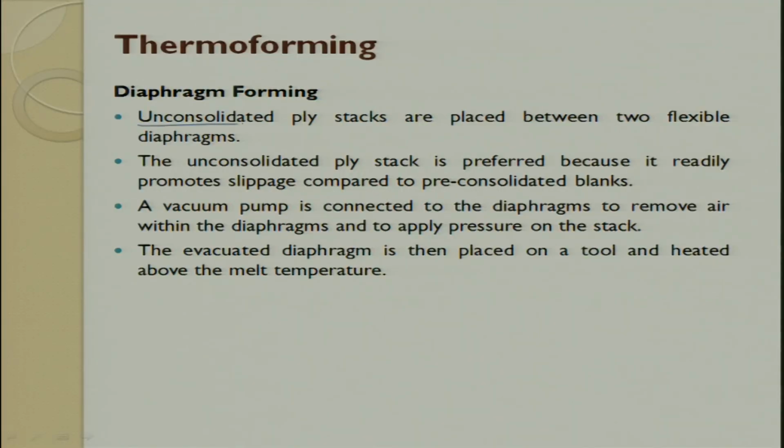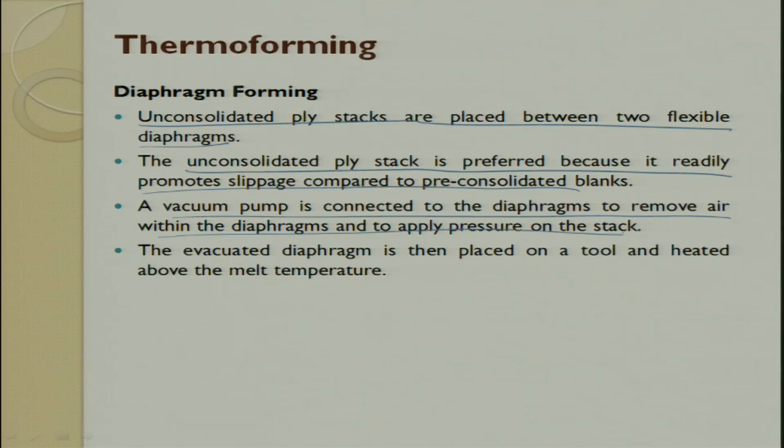Unconsolidated ply stacks are placed between two flexible diaphragms. The unconsolidated ply stack is preferred because it readily promotes slipping compared to a pre-consolidated blank. The vacuum pump is connected to the diaphragm to remove the air within the diaphragm and apply the pressure on the stack. The evacuated diaphragm is then placed on the tool and heated above the melting temperature.